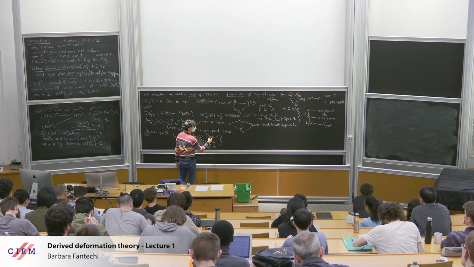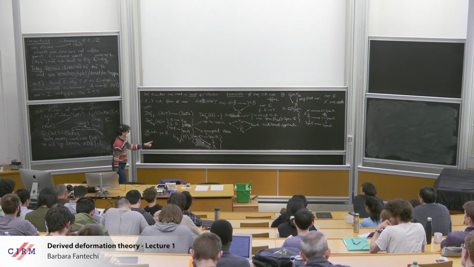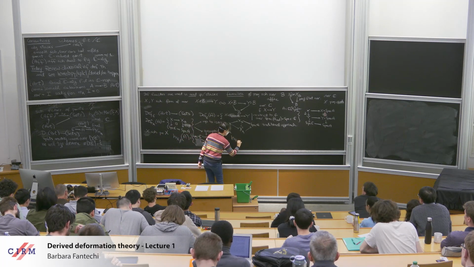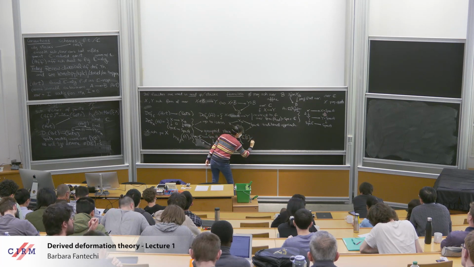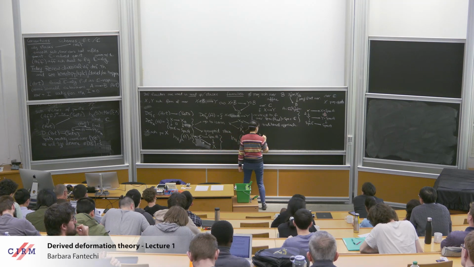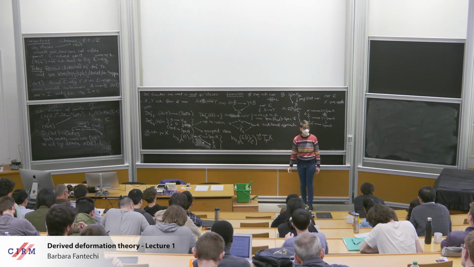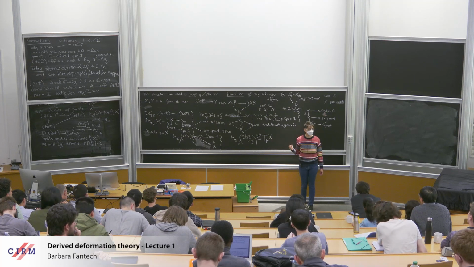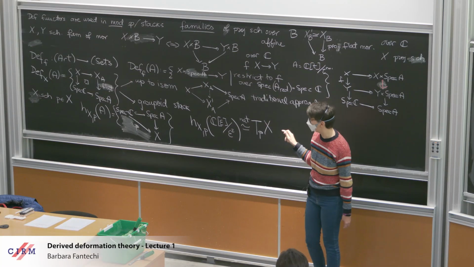So it's the set of these maps such that this diagram commutes. In particular, I hope you all have seen that this one is naturally isomorphic to the tangent space of X at P. This seemingly trivial remark is actually non-trivial. This will be a key fact in everything we do.